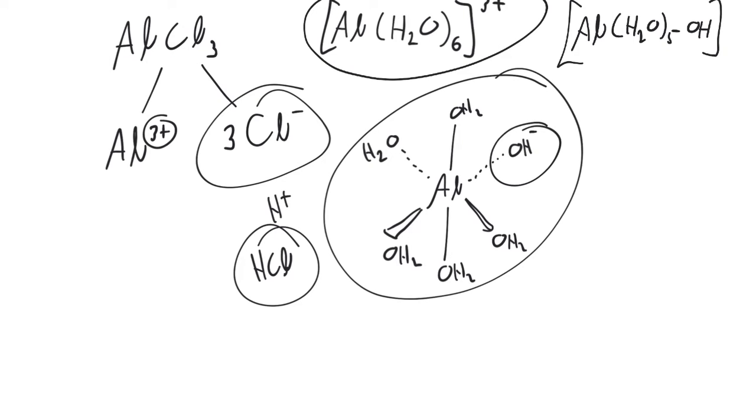OH minus and Al3 plus, so 3 plus minus 1, so that will have an overall charge of 2 plus. So this is an important formula to remember when they ask you to give the equation or the product formed when aluminium chloride reacts with water.